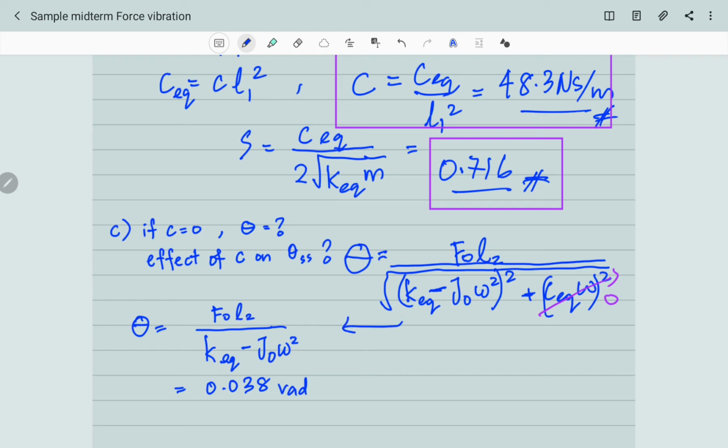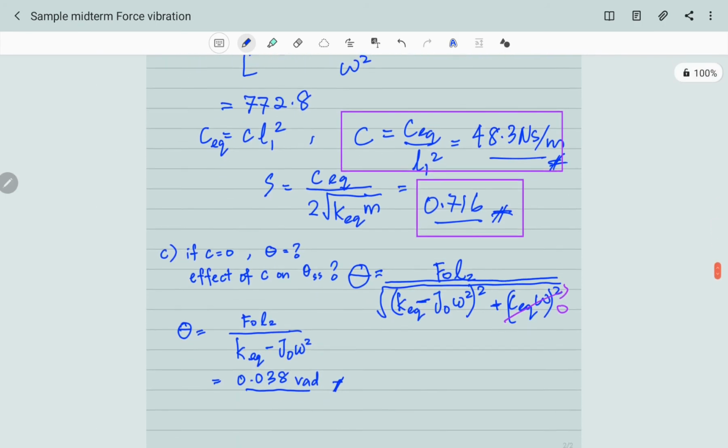It's easier because you do not have the square root term anymore; you only have one term at the denominator. From there, you can calculate your capital theta. You get your capital theta as 0.038 radian. That is when your C equals 0.